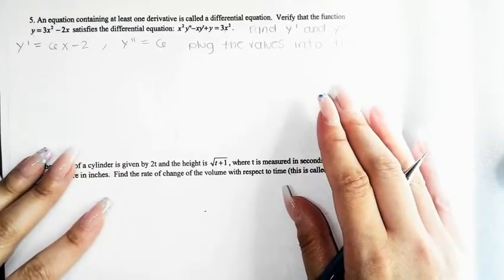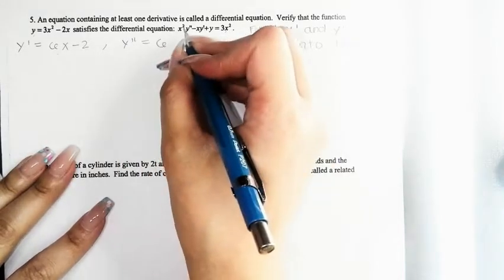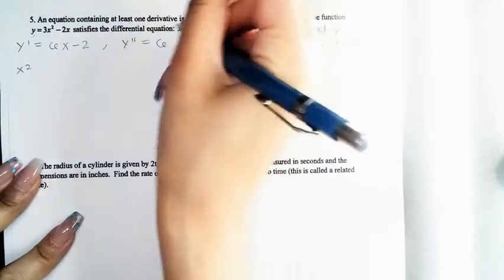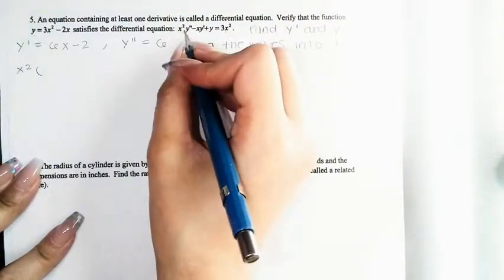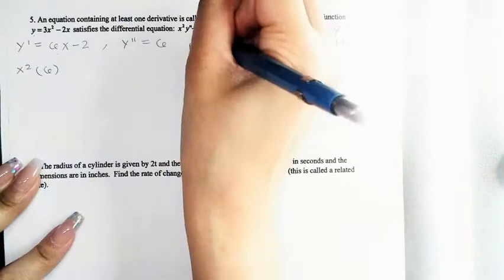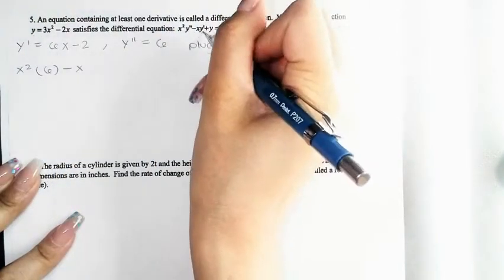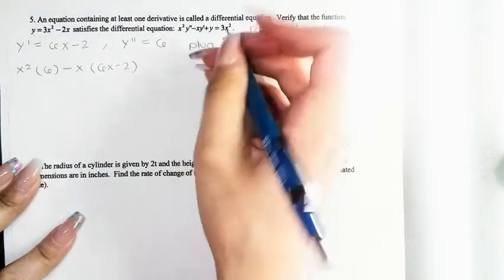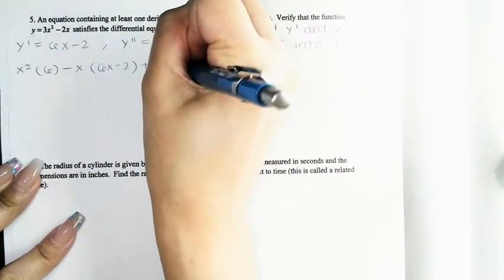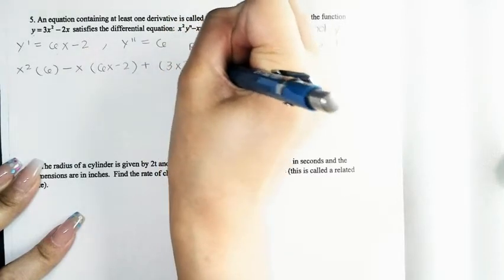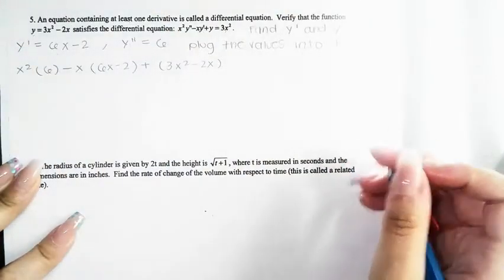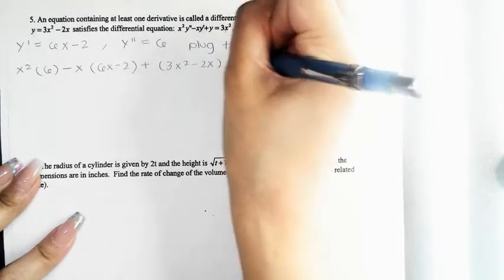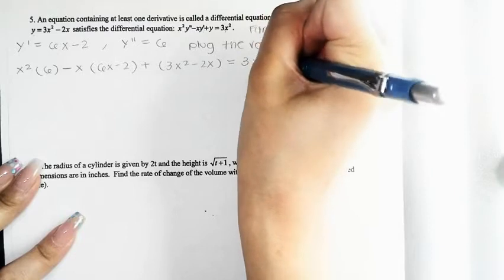Now you have this equation, so I'm going to plug x squared times, and you know that the double derivative value is 6, minus x, the value of the first derivative is going to be 6x minus 2, and then plus y, you know that y is going to be 3x squared minus 2x because you have it over here, and according to this, you want it to be equal to 3x squared.